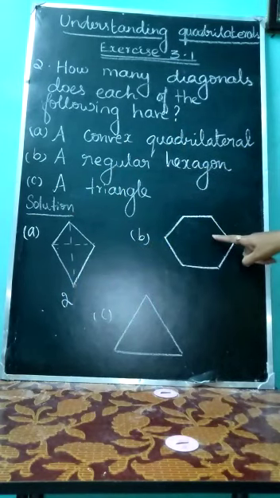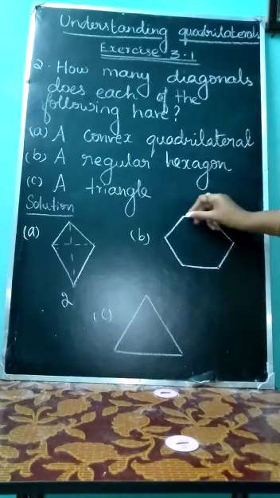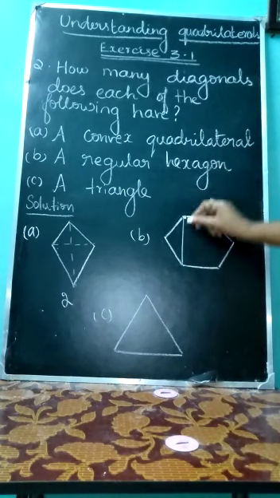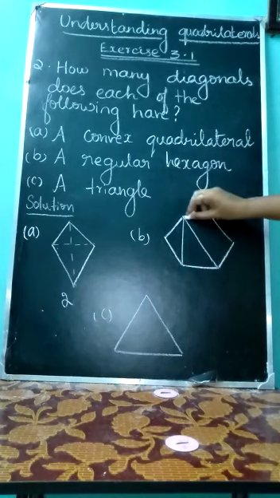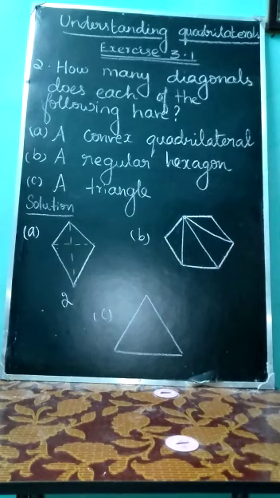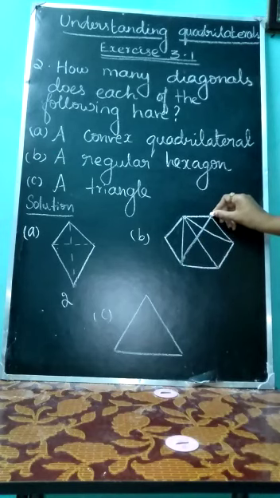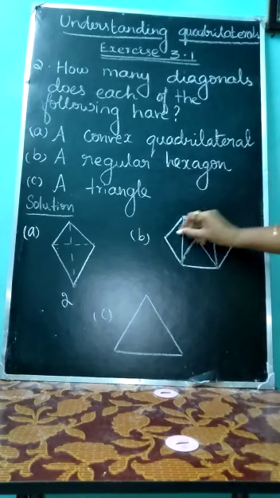Next one, a regular hexagon. Now we are going to draw the diagonals. First you choose this particular point and join the vertices. These are the 3 diagonals. Next we choose the next vertex. Now the fourth one, fifth one and the sixth one.